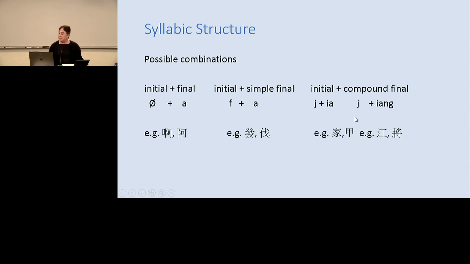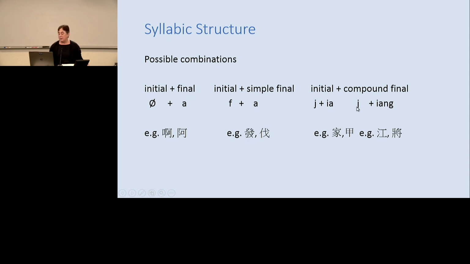Okay? Then finally, we could have a compound final that is made up of a vowel and a consonant sound. In this case, this sound here, which we'll talk more about when we get to compound finals. So this is yang.